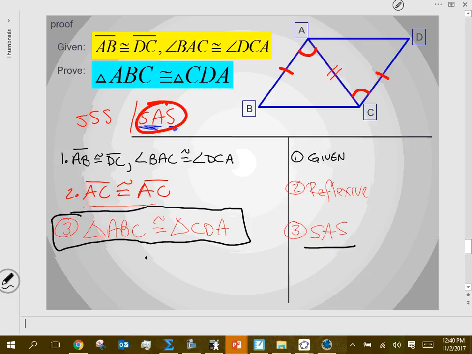Or it could be hypotenuse leg. So that would be the situation where it's not 3 letters, it's 2, it's HL. Okay, and we'll get to those other statements. But whenever 2 triangles are congruent, your reason will always be some collection of the letters S and A, and then every once in a while H and L. Does that kind of make sense, everybody?